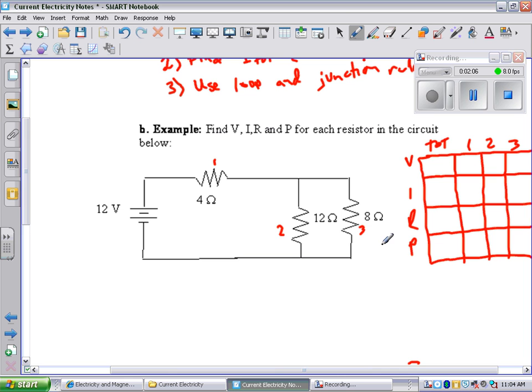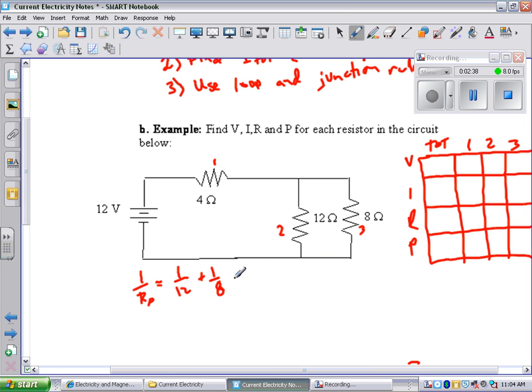Okay, so our first step was to find the total resistance. For this one, resistor 1 is in series with this parallel combination. So I'm going to figure out what this parallel combination is equivalent to first. I'm going to do 1 over R parallel equals 1 over 12 plus 1 over 8.